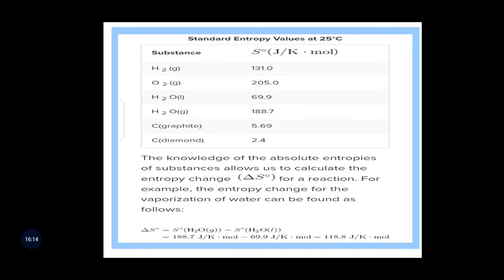So if you look at this here, for the conversion of water to liquid, let's go back to this table. For the gas here, the reaction is a condensation reaction.